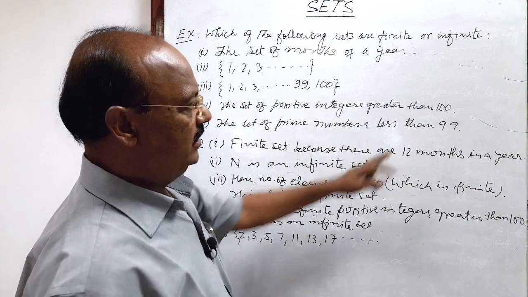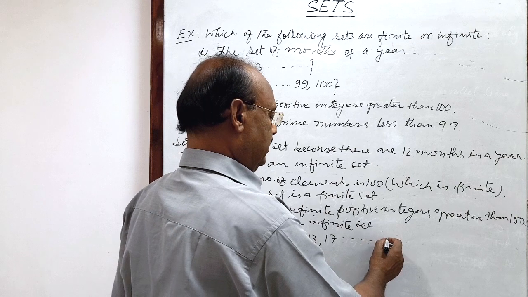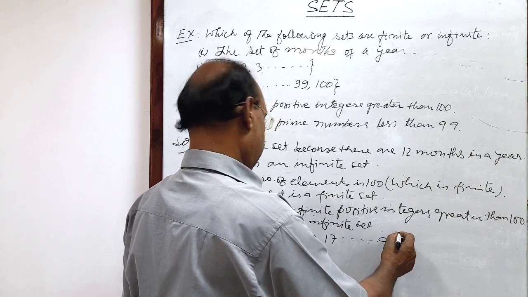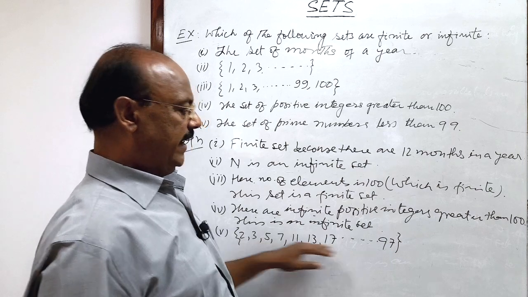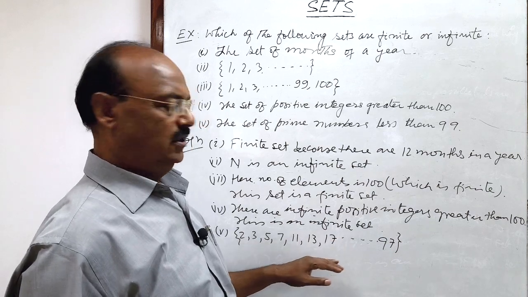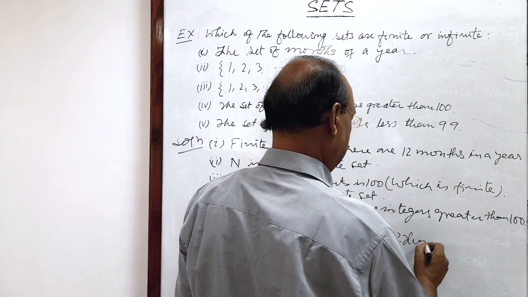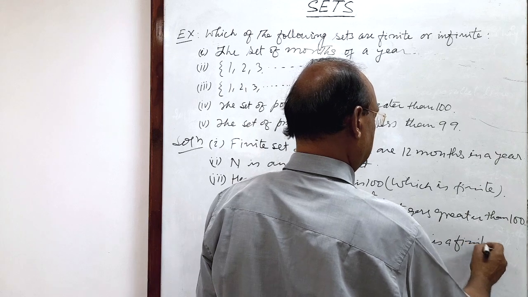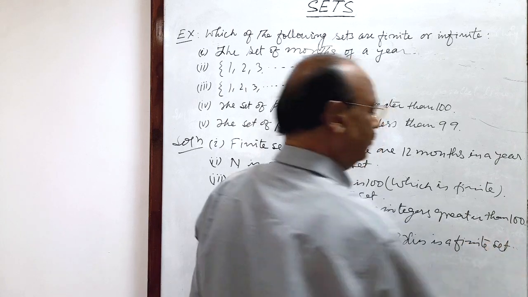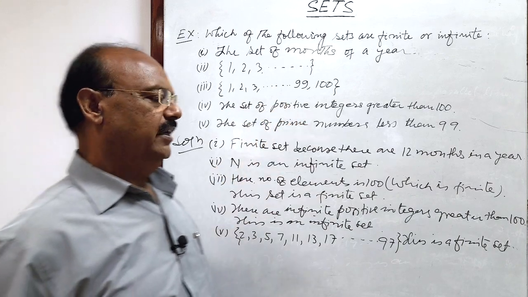And less than 99 means last prime number of this set, last member of the set is 97. So obviously here finite numbers of elements are here. So this is a finite set.